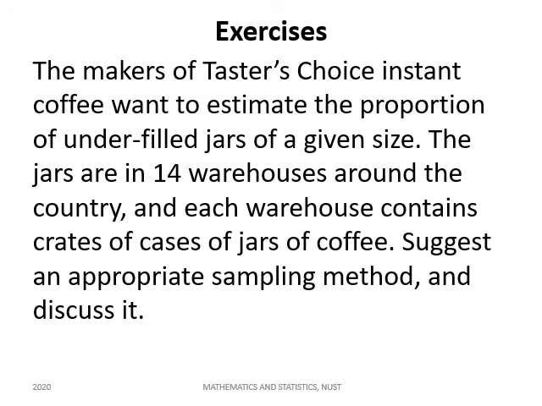So because they're manufactured in the same place under the same condition, you would expect that if some are underfilled, that is where they would be. So here I would say this is a case of stratified because they're manufactured in the same area.